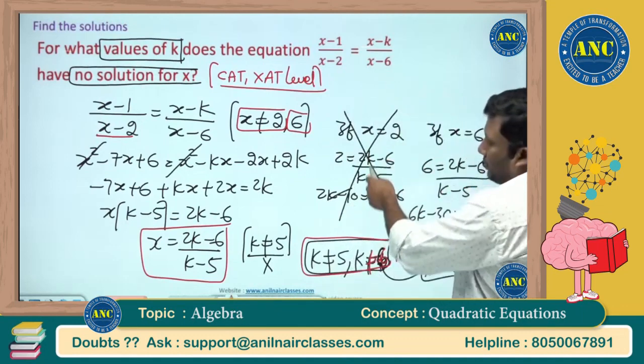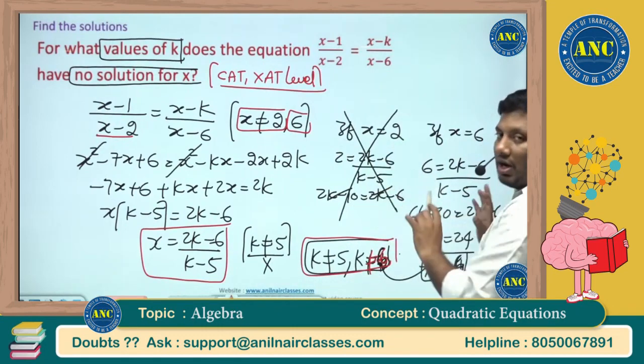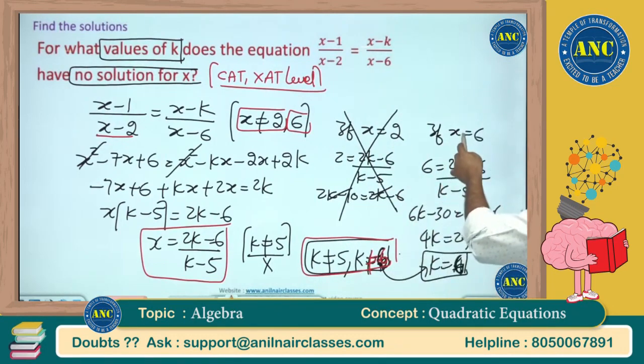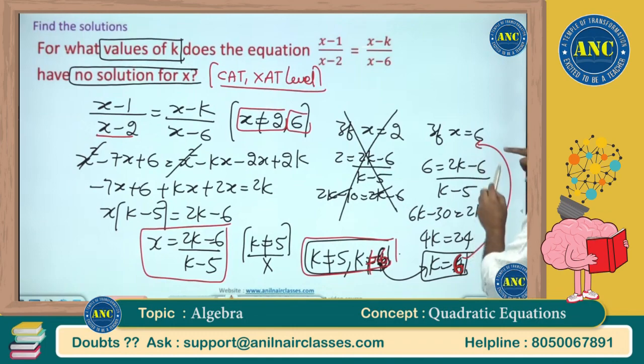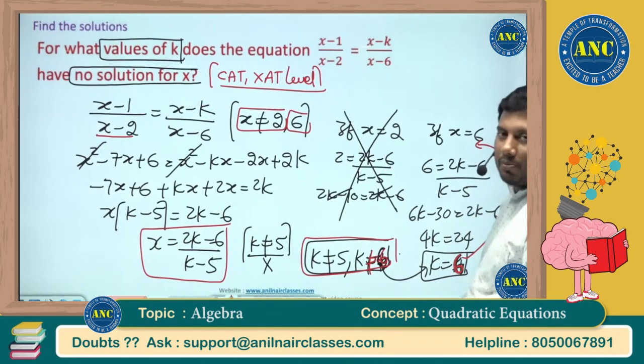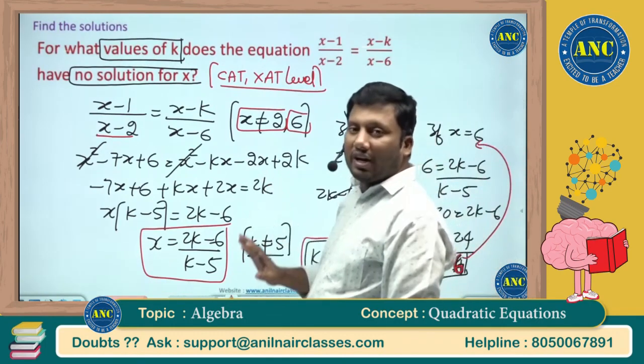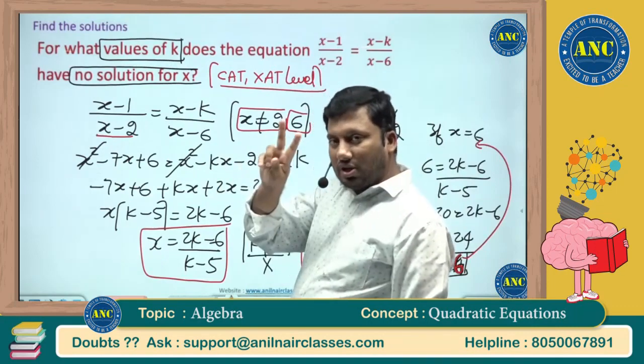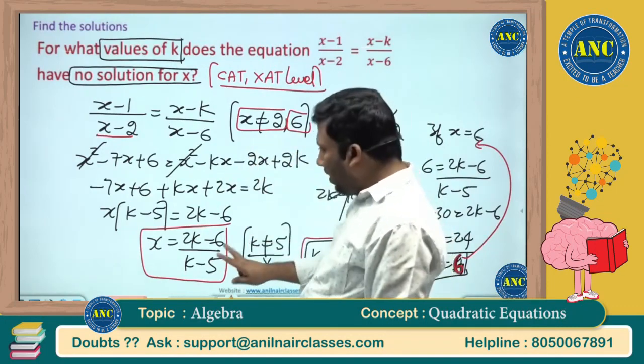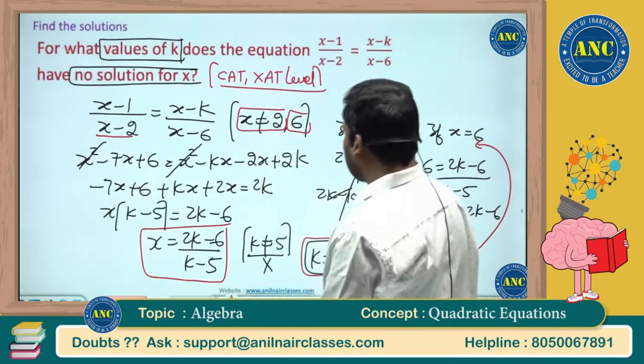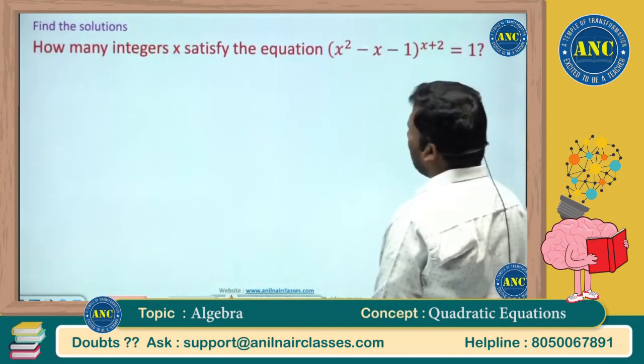If I substitute x equivalent to 2, 2k gets eliminated. For x equivalent to 6, I got k equivalent to 6. If k is equivalent to 6, I am getting a solution for x. So k should not be equivalent to 6. The answer for this question is k not equivalent to 5 and k not equivalent to 6. So two values are not possible.